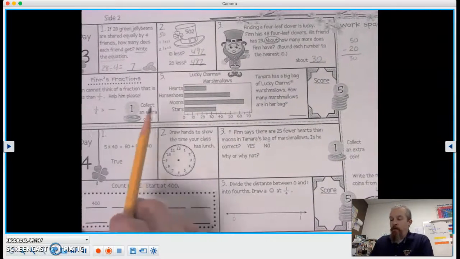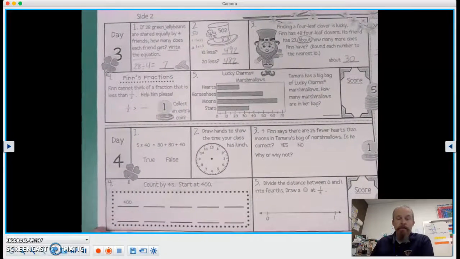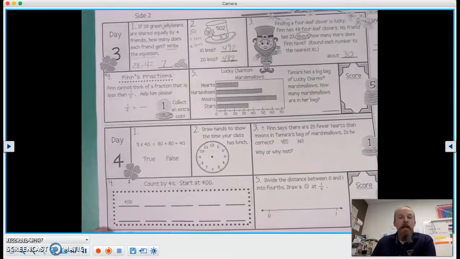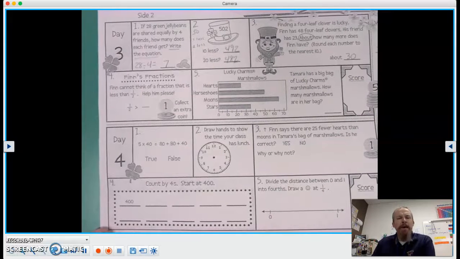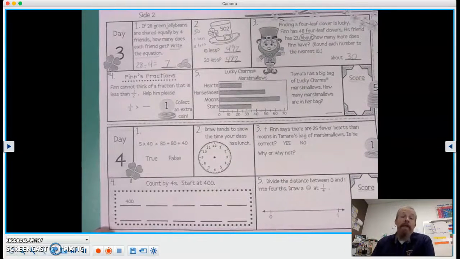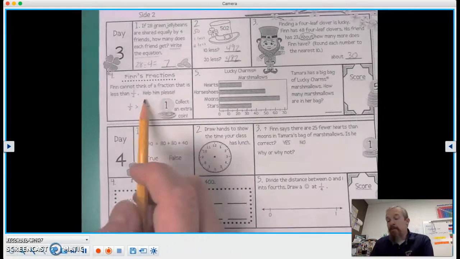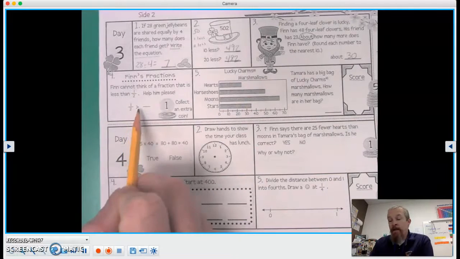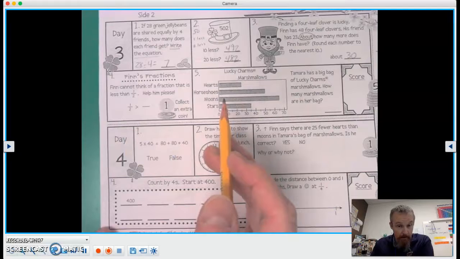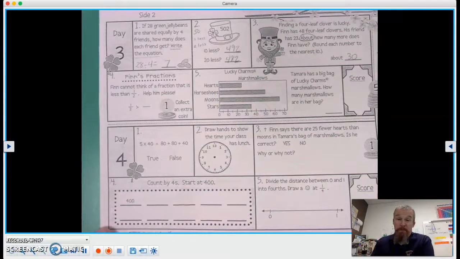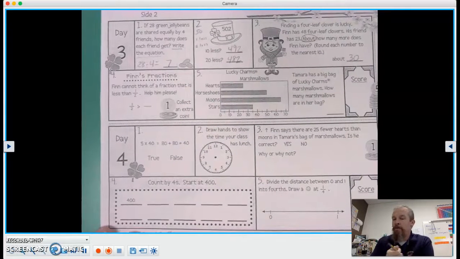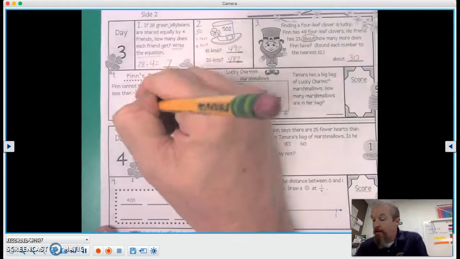All right. Oh, we get the bonus extra coin problem. Finn's fractions. Finn cannot think of a fraction that is less than 1/2. Help him, please. So this says 1/2 is greater than blank. Well, you know what I'm going to do? I'm going to use the same numerator trick that we learned earlier in fraction unit.